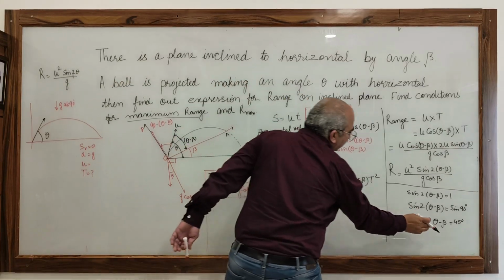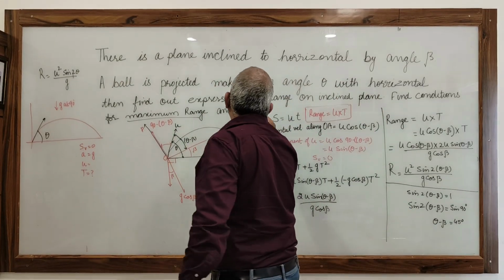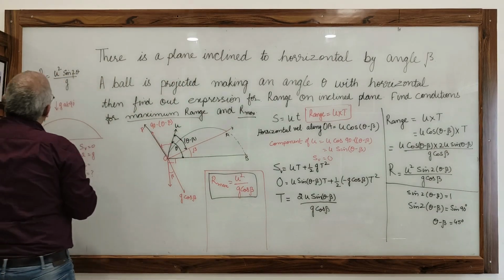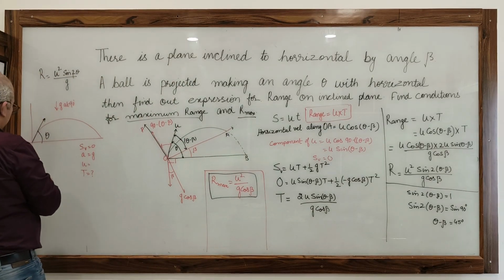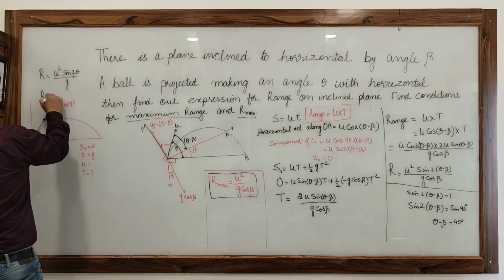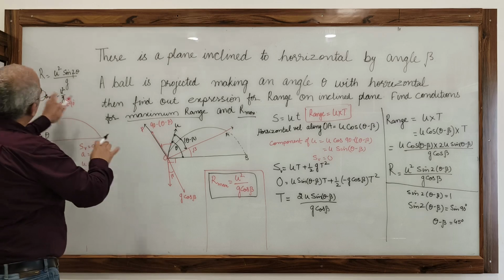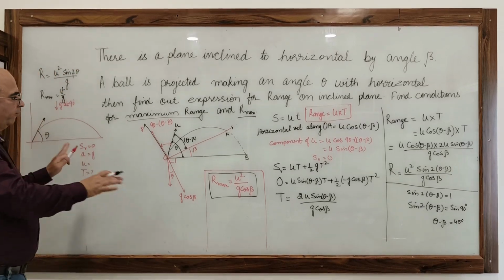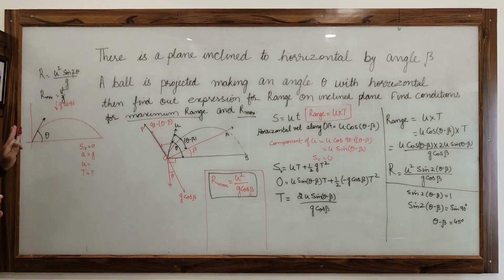The condition for maximum range is this, and R max is this. If we compare with the ordinary case, R max there is u square upon g. You can compare, the format is the same. So this is the question. This is a very important question.